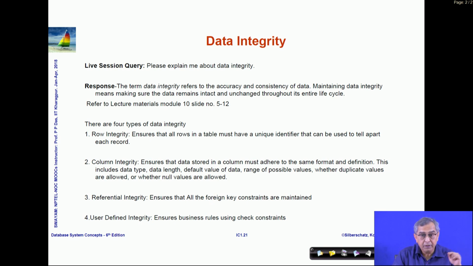The value that you are finding in your table must be present there. If the data exists in the foreign key field in your table and that value does not exist in the table where it is a primary key, then certainly you have integrity issues. For example, a particular roll number has attended this course and got these marks, but when you go to the students table you find there is no one with that roll number, then certainly we have integrity problems.